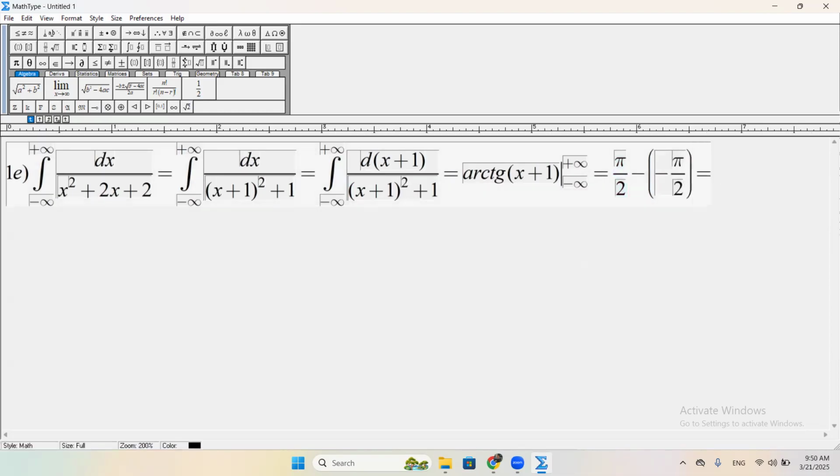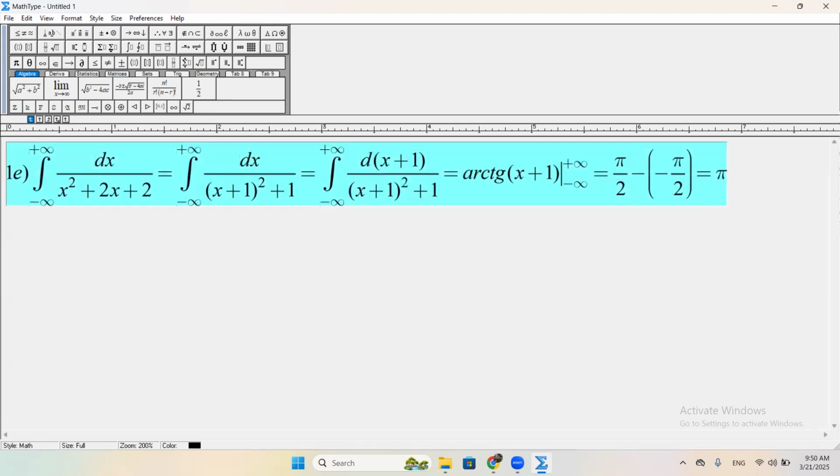So the final answer is pi. Any questions about this exercise? No.